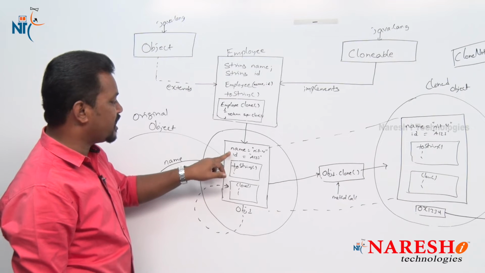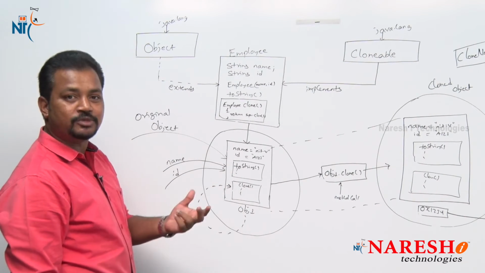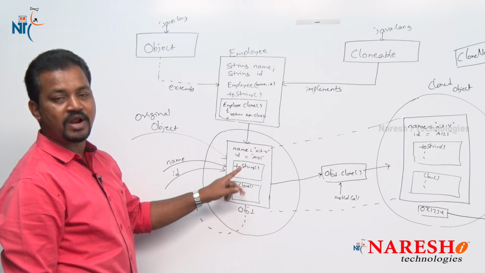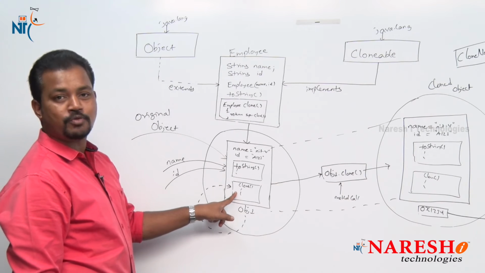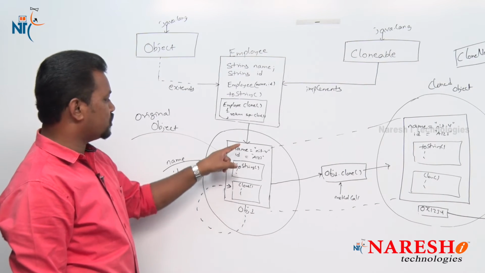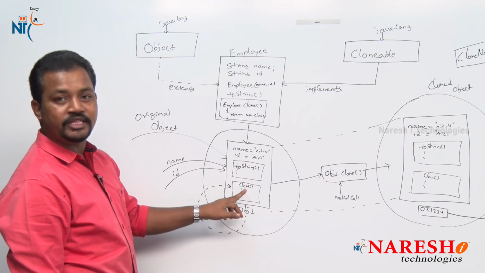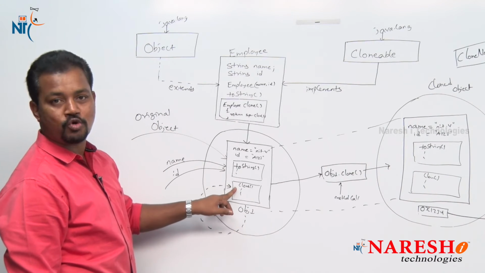Now the object variables get the values here, and whenever I want to display, I will use the toString method. Whenever I want to perform the cloning process, I will take the support of this clone method. So these are the object creations done from your original object, and I am calling this method as obj1.clone method.